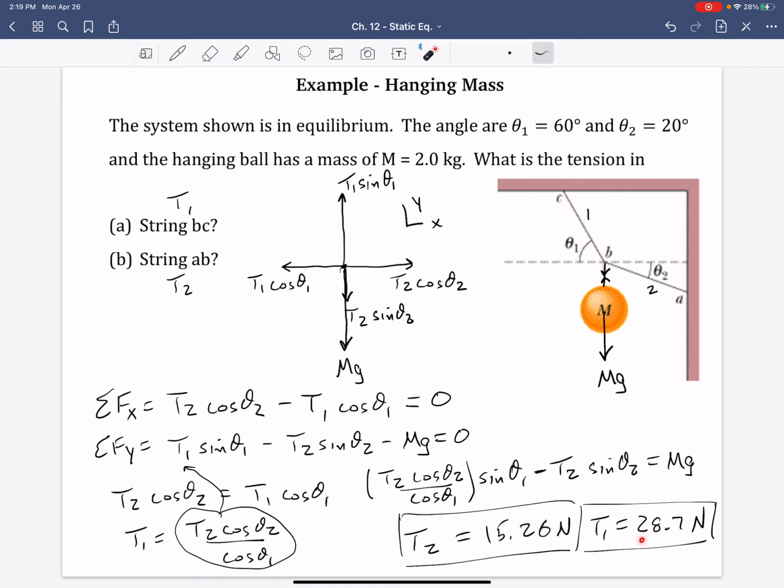So the magnitude of T1 should be larger than T2, and it is. The tension will be at maximum magnitude if it's exactly vertical, which means it's exactly equal to the object's weight. So the closer to the vertical direction, the larger it should be. And that holds true here.